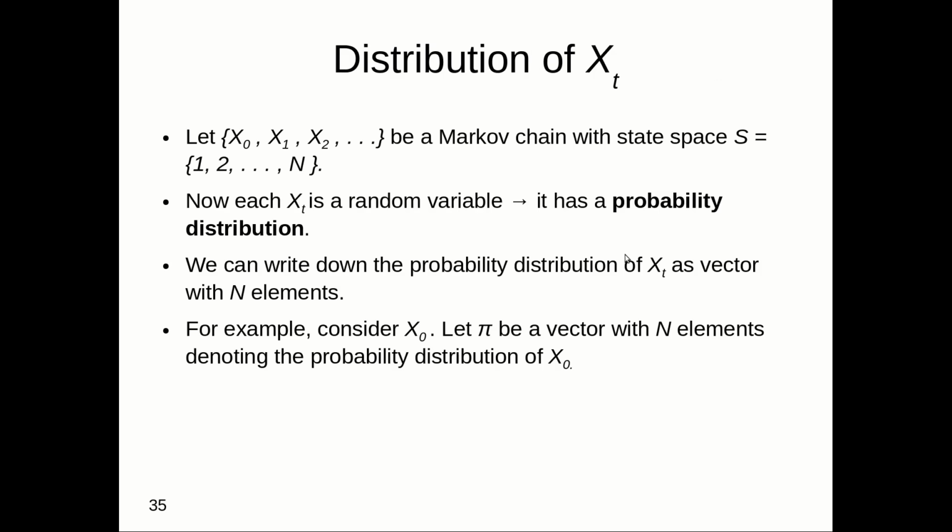Okay, so now another question we're interested in is the distribution of our random variables xt. So once again, let x0, x1, x2 be a Markov chain with a state space S, just labeled by the natural numbers.